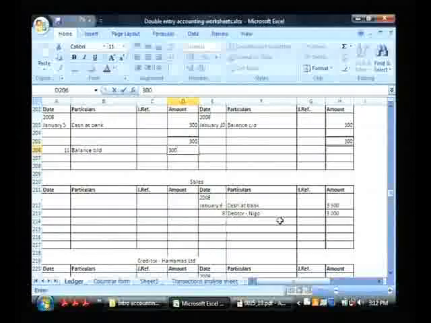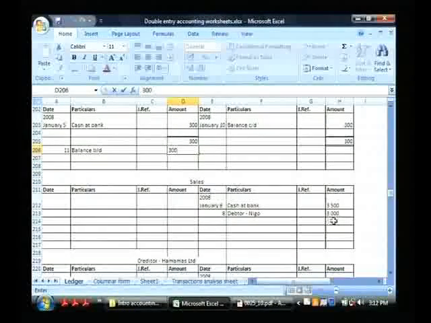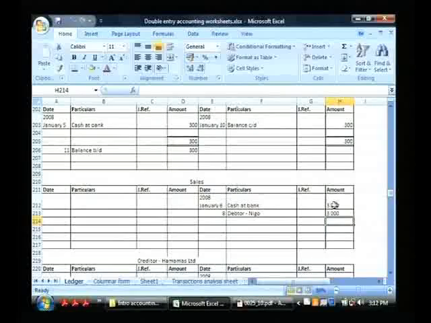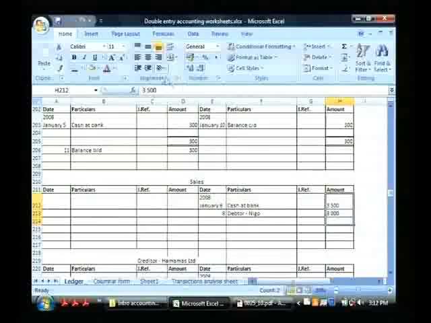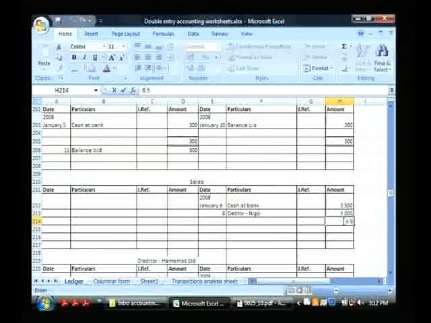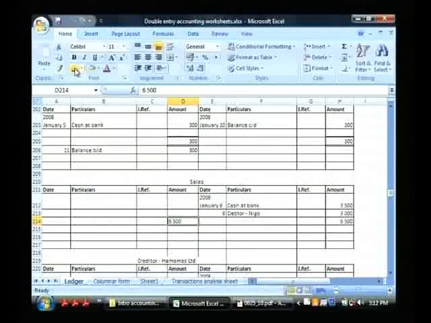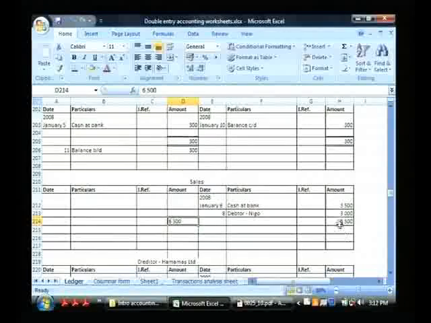Wages account done. Sales account, only entries in the credit side, total 6,500, both sides 6,500. Then the total for both sides 6,500.